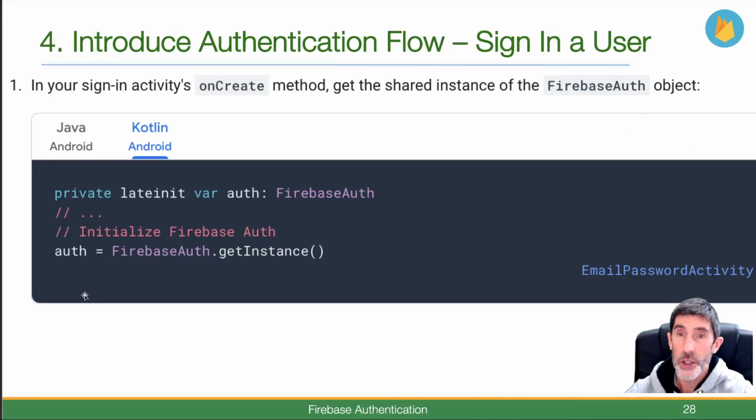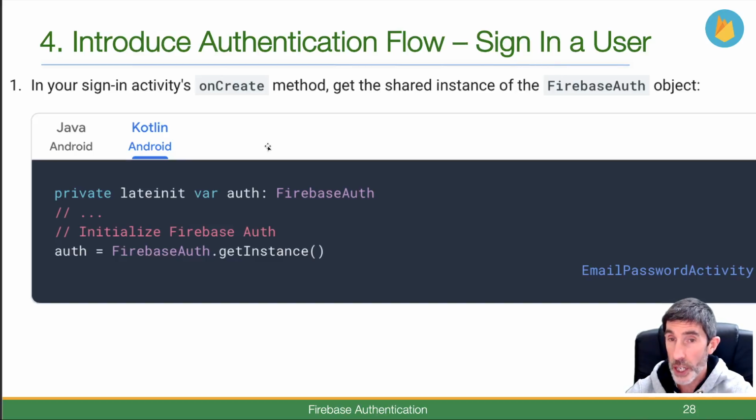So to then look at signing in a user, that's the flow for creating a user. Not too much different to signing in a user. We're assuming here the user has already registered, so we've created the user on our Firebase console.